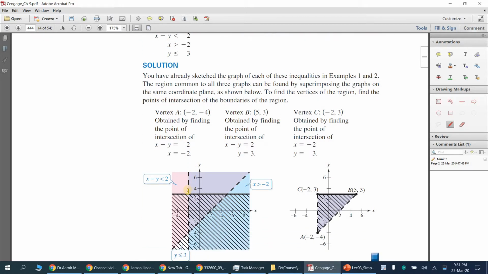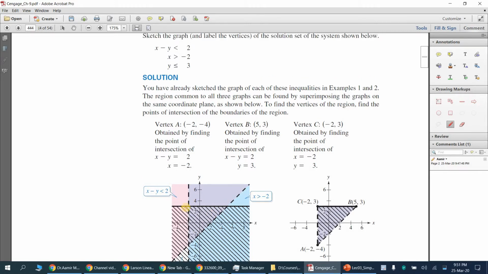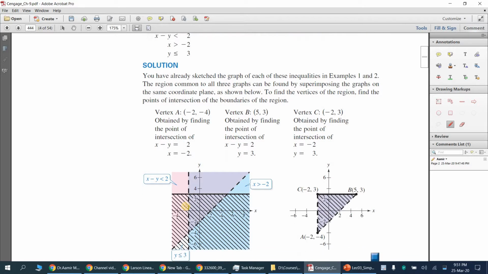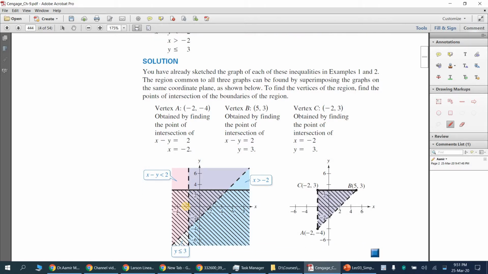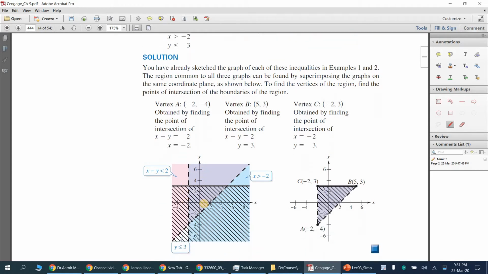So for example, over here you see x minus y less than 2 is this one. It is represented by, I think, this dotted line.